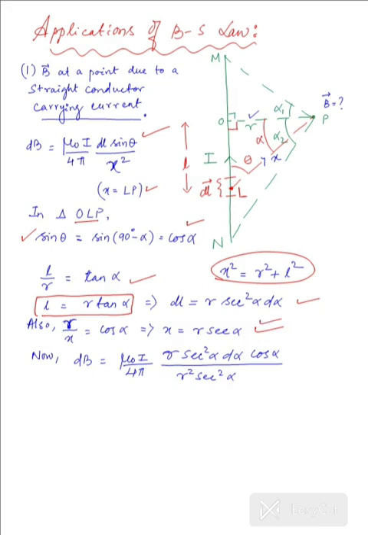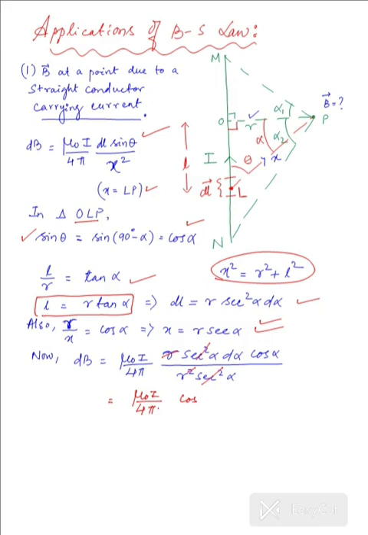So considering all of that, one of the r is going to get cancelled out, and the sec squared term is going to get cancelled out. So what we are left with is finally mu naught I over 4 pi, and then we have just cosine alpha d alpha.